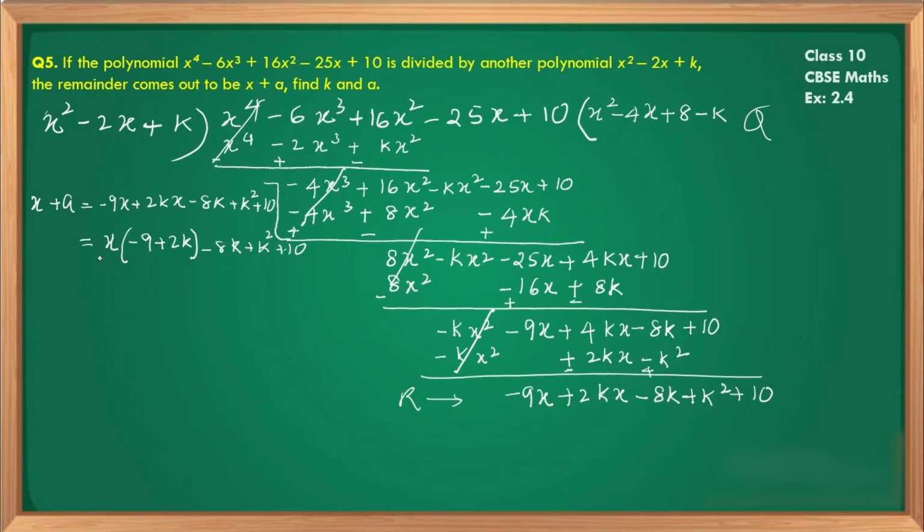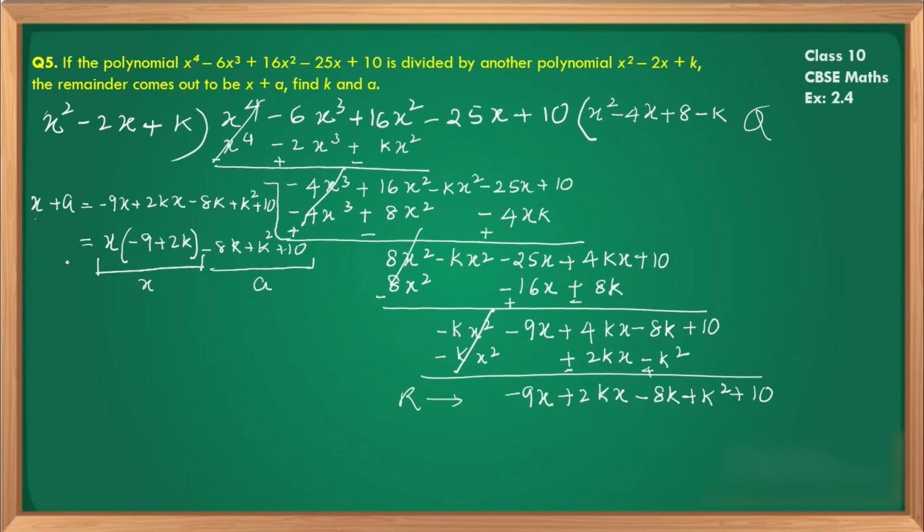Now be careful to sort it out this way: up to here it is equal to x, and after this portion, this is another term which is equal to a.